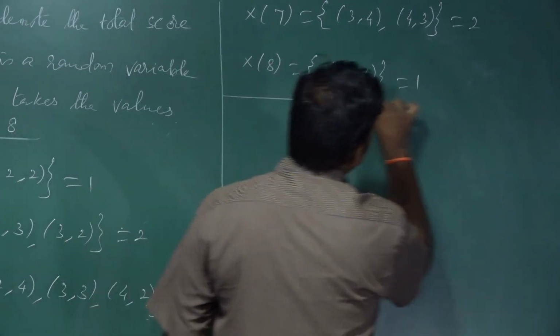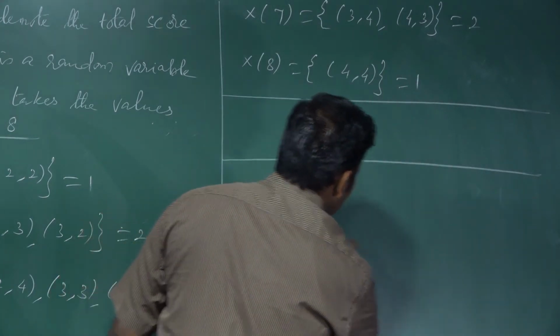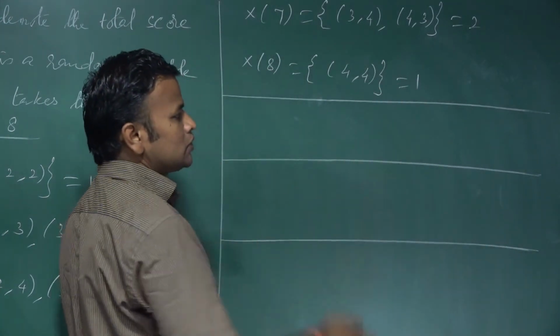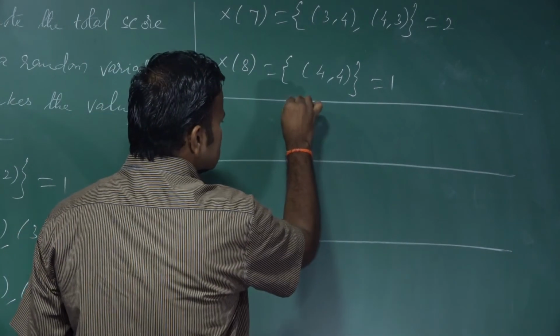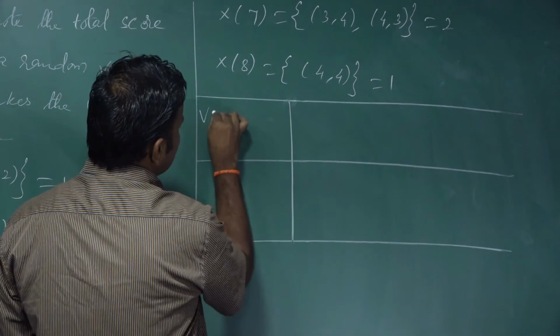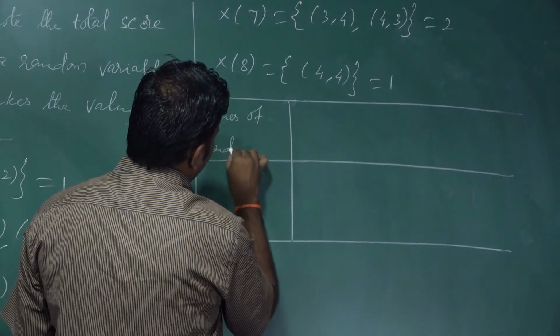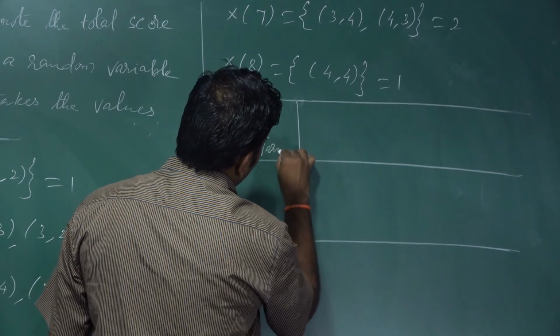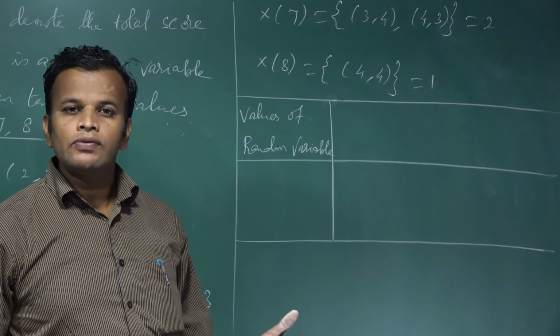Next we form a table. The first column is for the values of the random variable. The second column is the number of points in the inverse image.